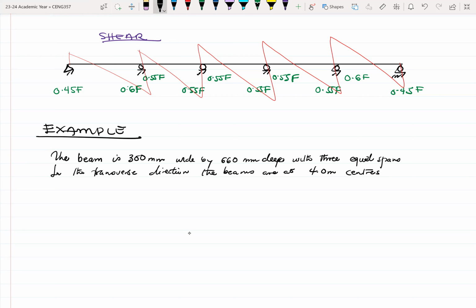Okay. With an 180 millimeter thick slab. Okay.